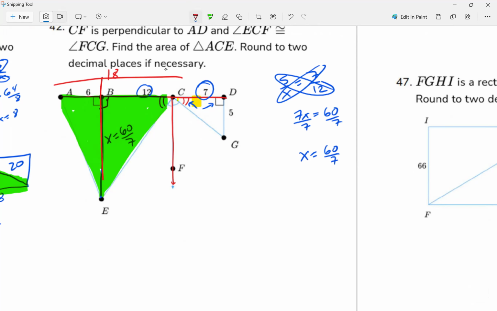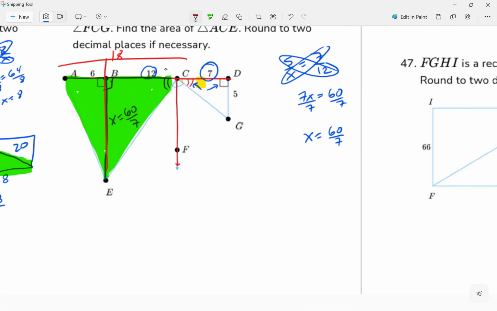And then this other side right here is 60 over 7. So I know I have to go 18 times 60 over 7, and all this divided by 2. I'm literally going to type this on my calculator. Let me open my calculator that I gave you guys on Canvas. Literally going to type it in like that.